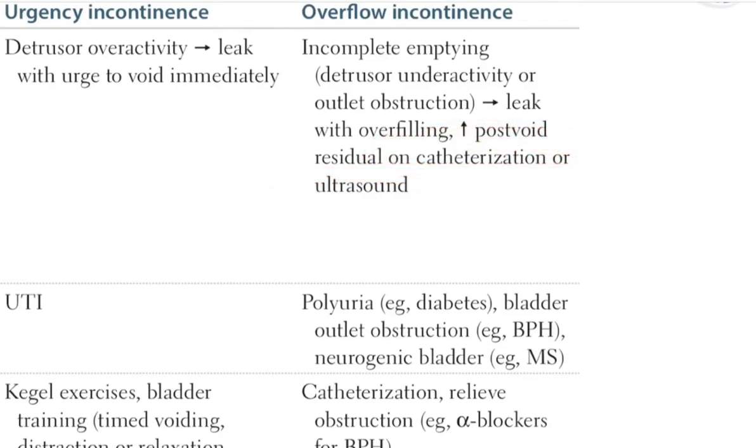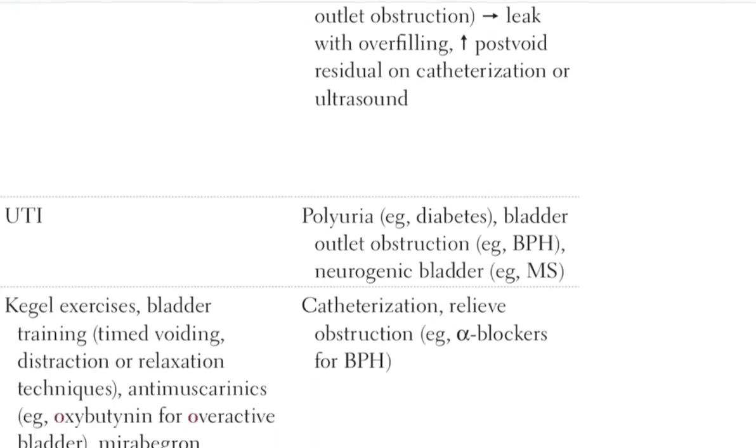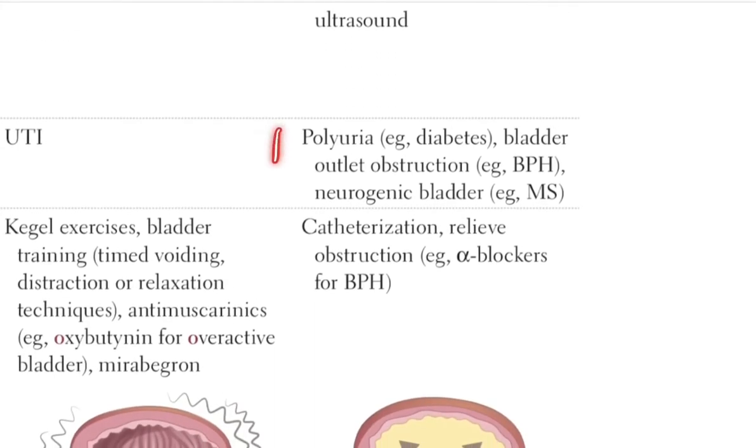Now, it can also occur due to outlet obstruction, for example benign prostatic hyperplasia. The major associations include polyuria, which is associated with diabetes, and bladder outlet obstruction, which occurs due to benign prostatic hyperplasia. Now, the third cause, which is often presented in the exam, is neurogenic bladder, which is presented as multiple sclerosis.